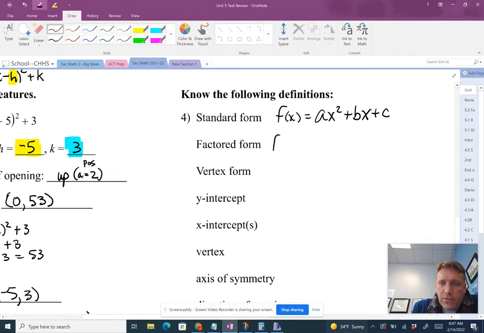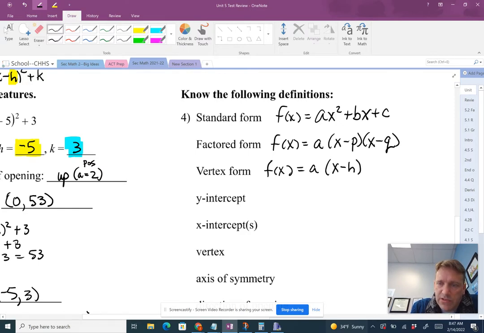The factored form is f of x is equal to a times x minus p times x minus q, with two sets of parentheses. So you recognize factored form with the two sets of parentheses. The vertex form is f of x is equal to a times x minus h squared, so just one set of parentheses, but it is squared, and then plus k.